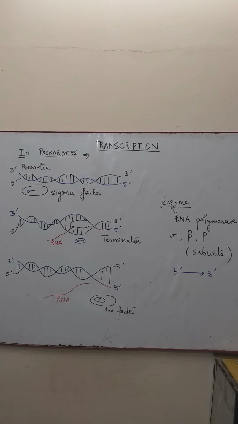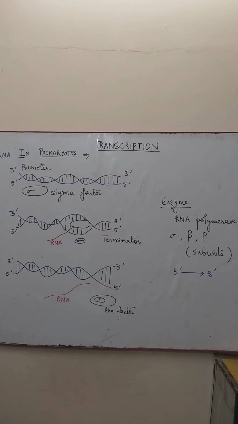Now, when we talk of the type of RNA found in the prokaryotes, there are majorly three types of RNA: mRNA, messenger RNA; tRNA, which is transfer RNA; and ribosomal RNA or rRNA. So we find all three types, that is mRNA, rRNA and tRNA, present in the prokaryotes.